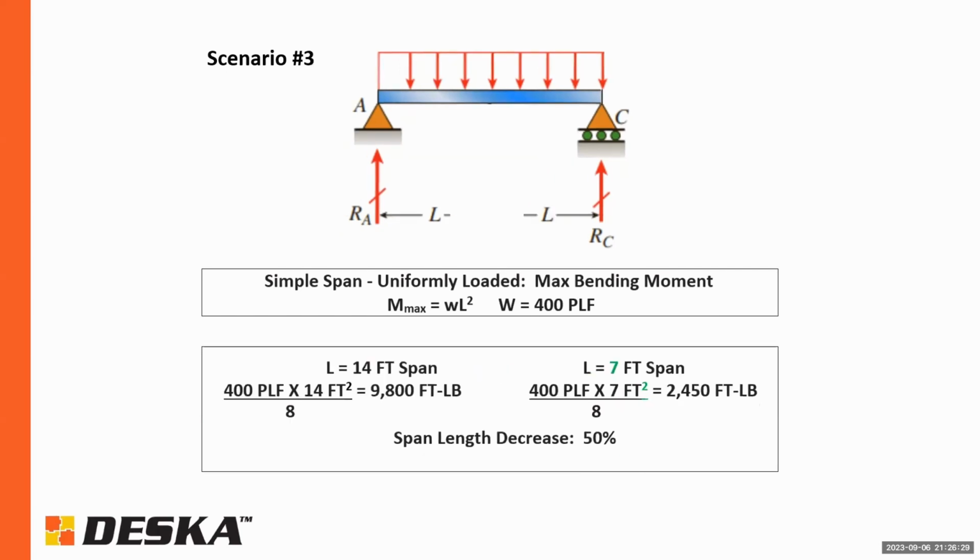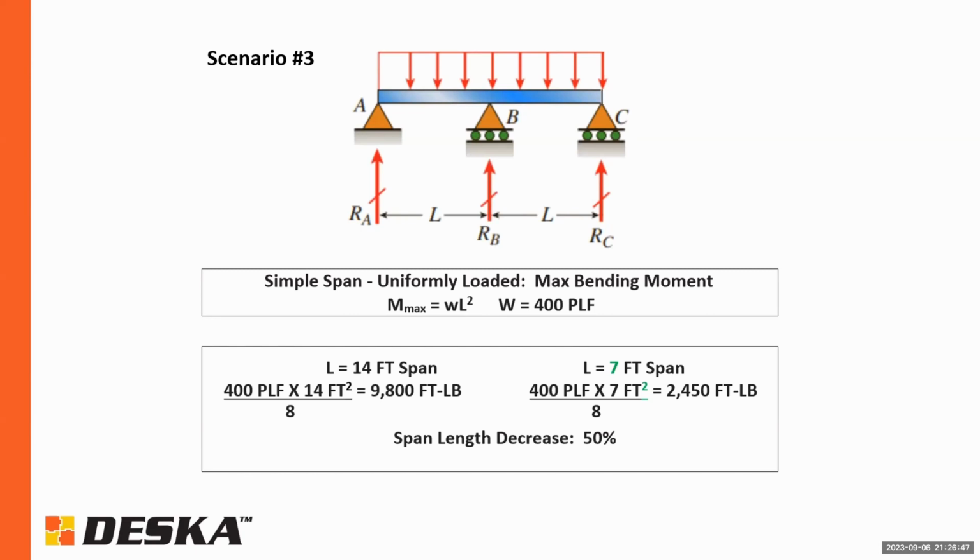And on that note, we are big fans of intermediate bracing. So when you have a span, let's say here it's 14 feet, and then you install intermediate bracing, in this case at mid-span, now you have 2 7-foot spans.